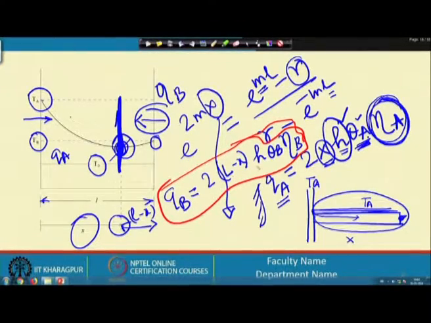Here we find that this remaining length of the fin, L minus x, has a heat transfer coefficient h between the fin and the fluid, and it is as if the entire fin is at the fin base temperature theta B, which is not actually the case, but this fin efficiency is taking care of that, so that the entire fin is assumed to be at theta B. So, this is Q A and Q B.